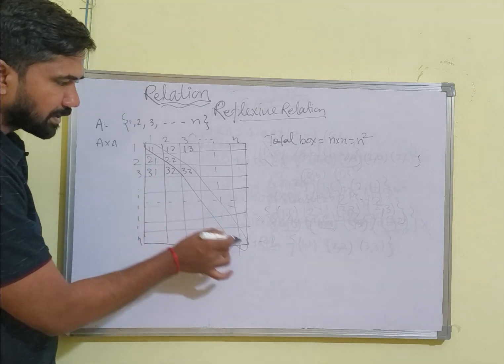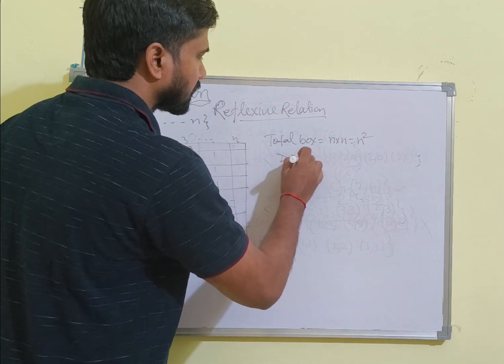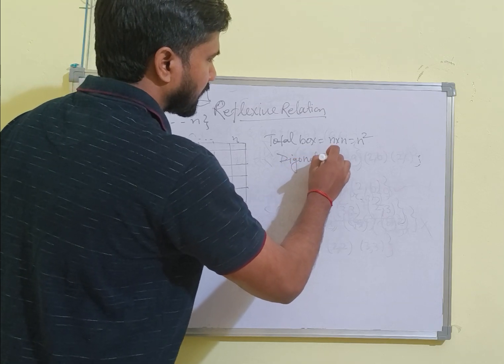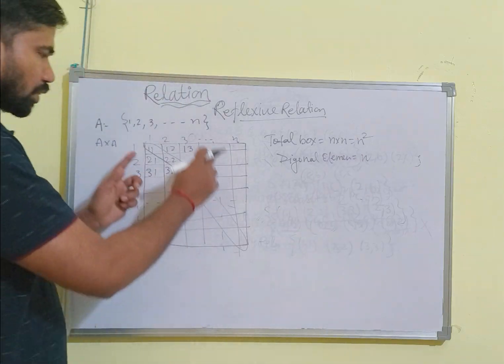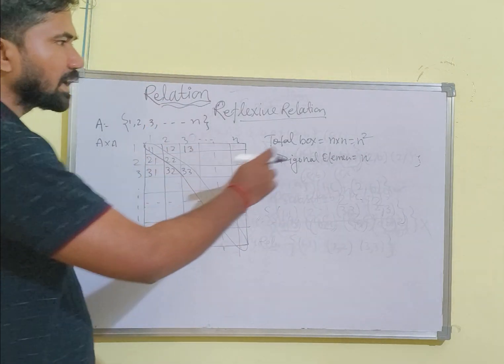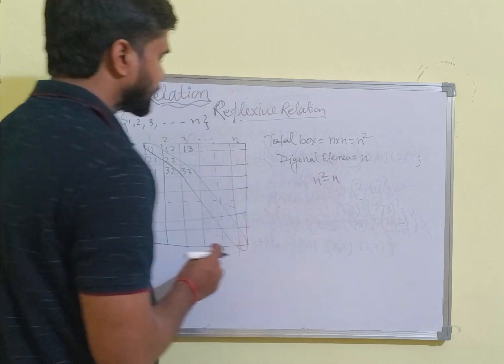And how many diagonal elements? n elements. So if you remove these, how many are left? n square minus n.